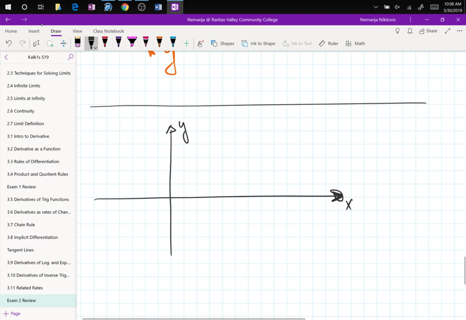It's a terrible arrow there, but such is life. Let's say you have something like this. And wondering what the derivative is.